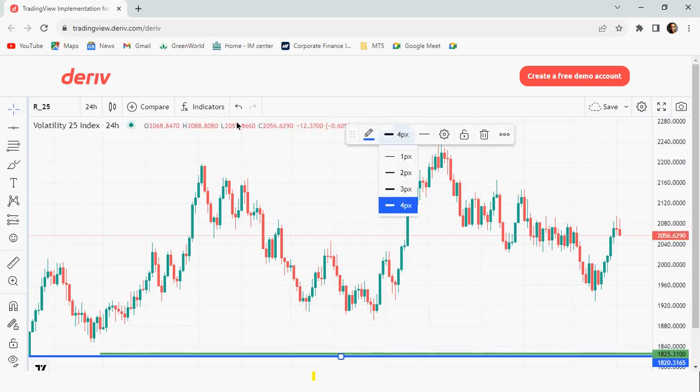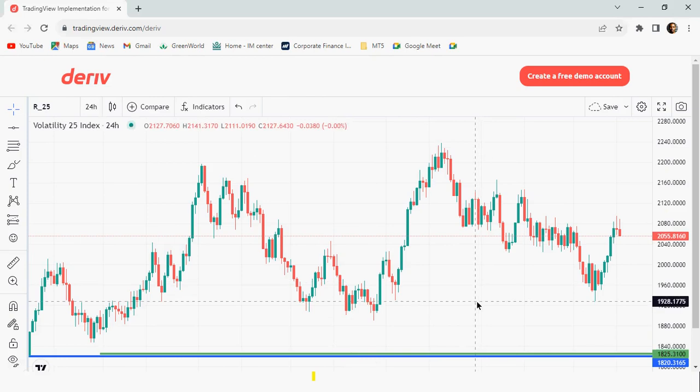So now, when you look at this area, I want you to pay attention. We are looking at V25 in D1, which is in one day, in 24 hours.